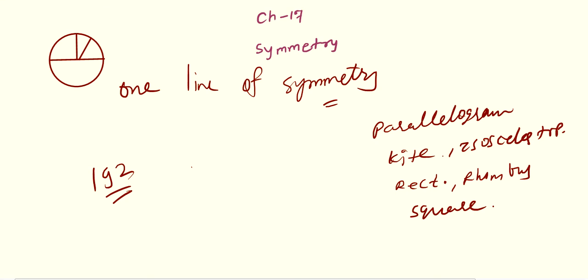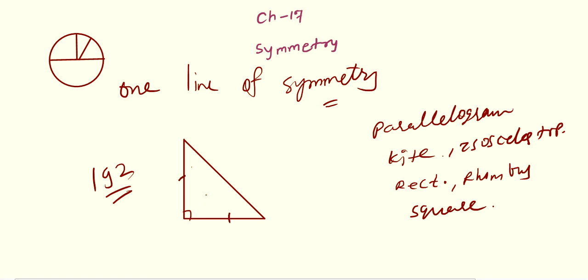Isosceles right angle triangle. Now what is this isosceles right angle triangle? Okay, this is your simple right angle triangle, and in this line of symmetry is not possible. Why? Because these two sides are not equal. Which two sides are?